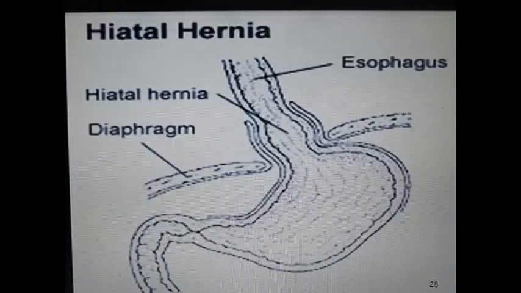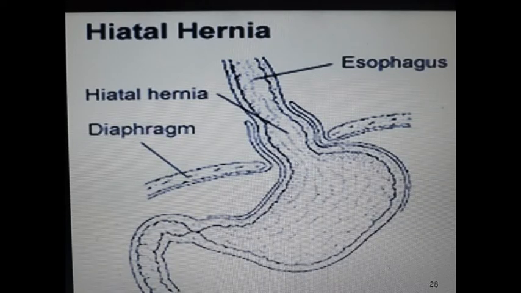The diaphragm has an opening within the right crus of the diaphragm, the esophageal opening, which is present within the muscle of the right crus of the diaphragm. And this opening actually prevents acid reflux by exerting pressure over the esophagus, and it prevents the regurgitation of food back into the esophagus from the stomach.